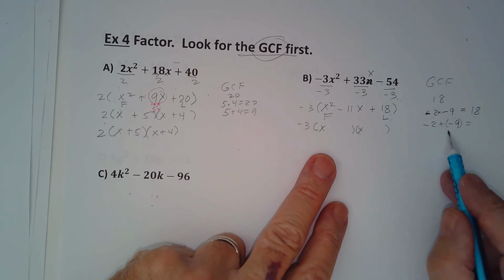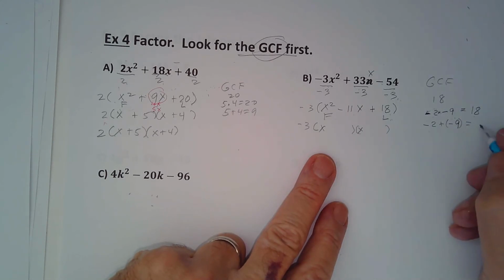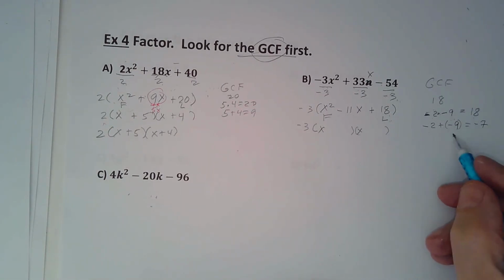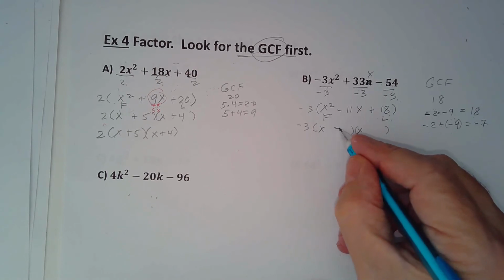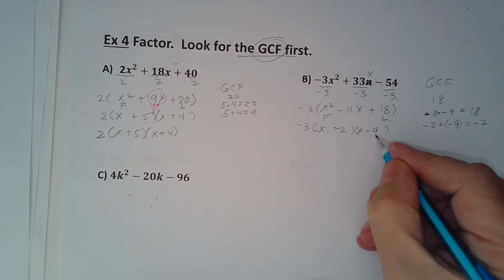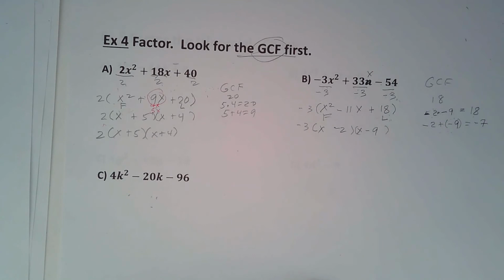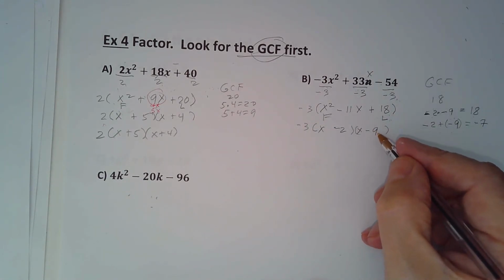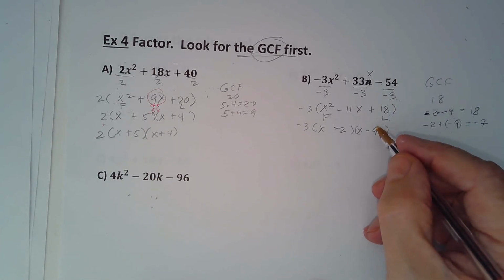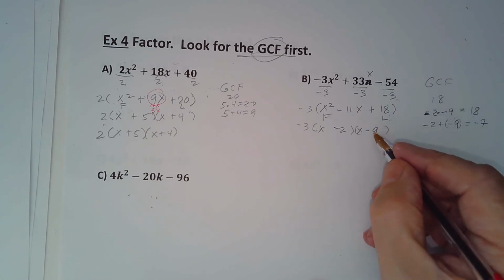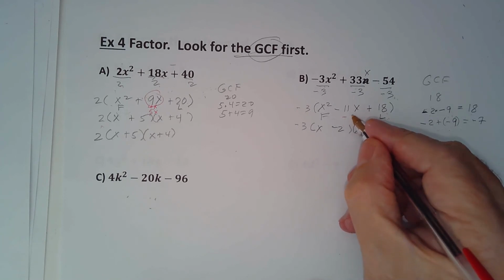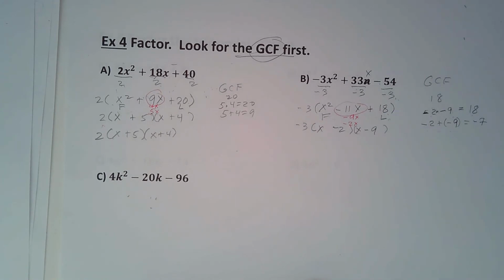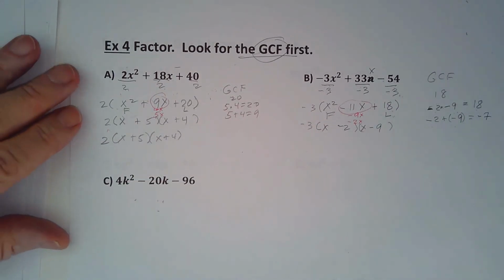Negative 2 plus negative 9 is negative 11. Okay, now we got it straight. So then that means I'm going to use negative 2 and negative 9. All right, so let's check that. That means I'm going to take the outer and the inner. So I got negative 9x and negative 2x. When I add those together, it adds up to negative 11x. So it checks.